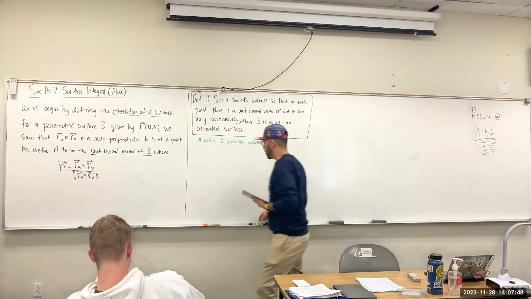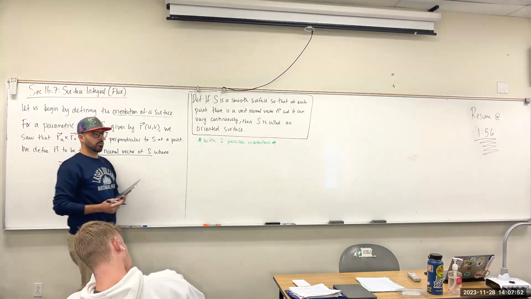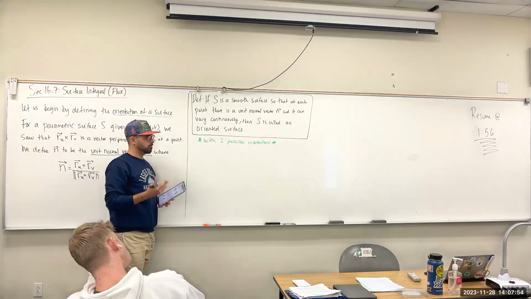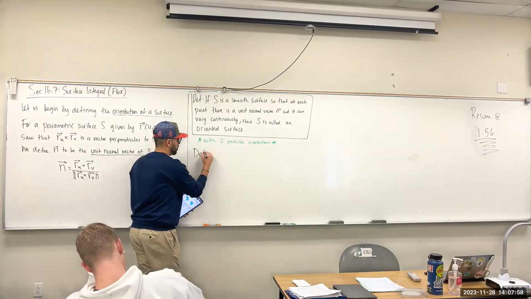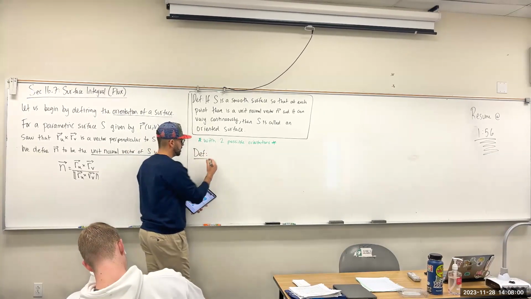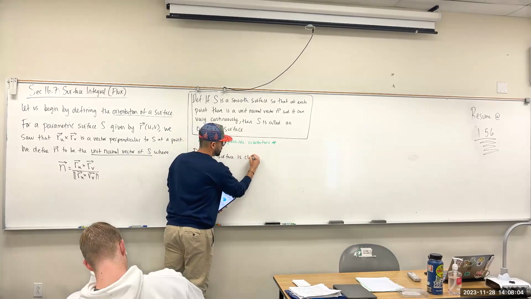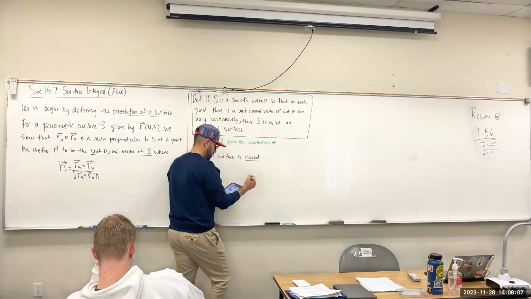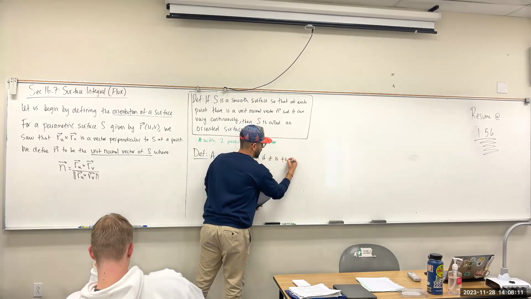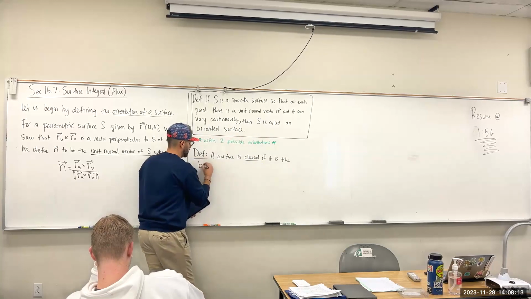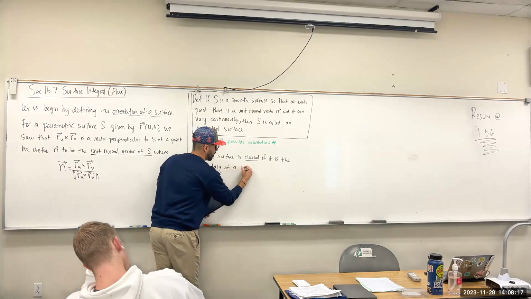All right. So if I was to tell my friend, oh, this is a closed surface, and I want to explain to them what that means, they're going to be a little lost. So we're going to say a surface is closed if it is the boundary of a solid. The boundary of a solid.